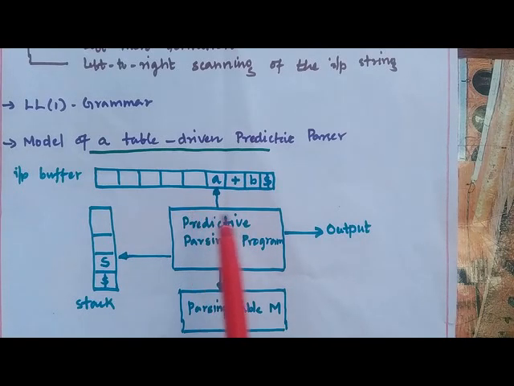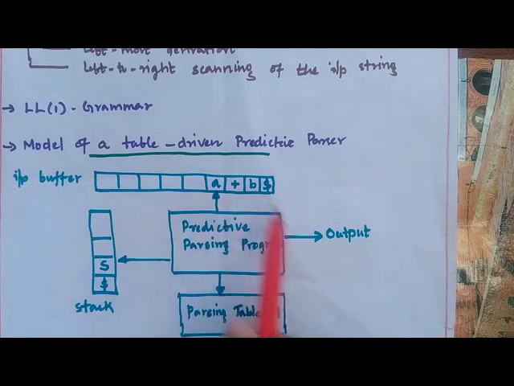Here you can see the input is a plus b, and the input ends with the dollar symbol. This dollar symbol is a special symbol which is not present in the terminal set, and it is used for understanding the end of the input string.